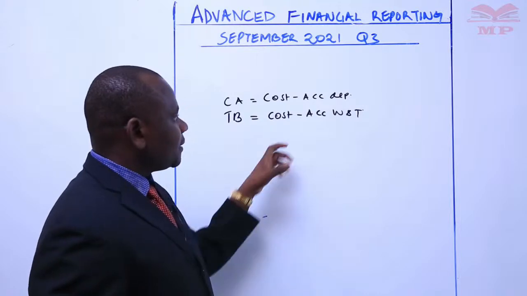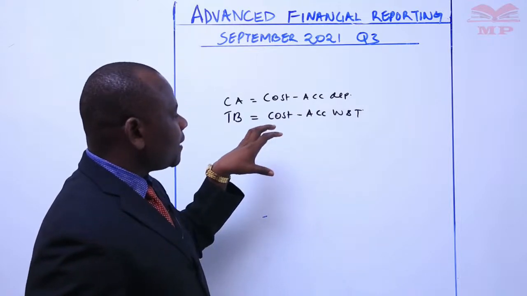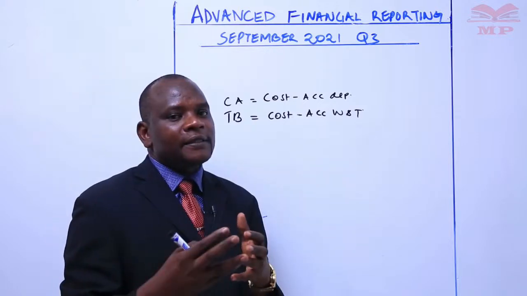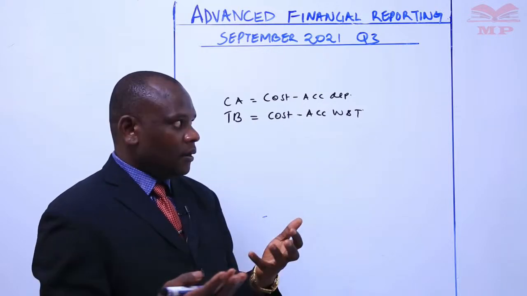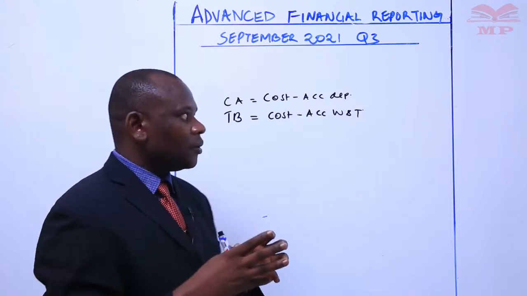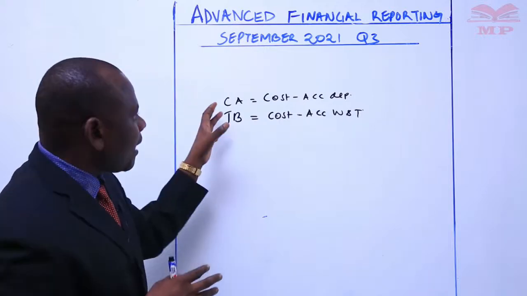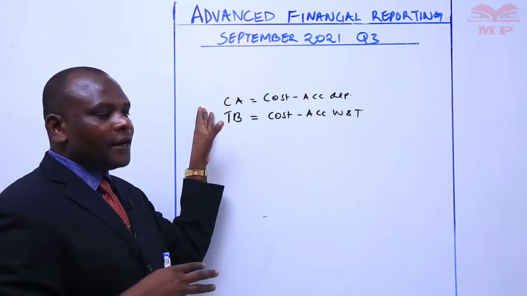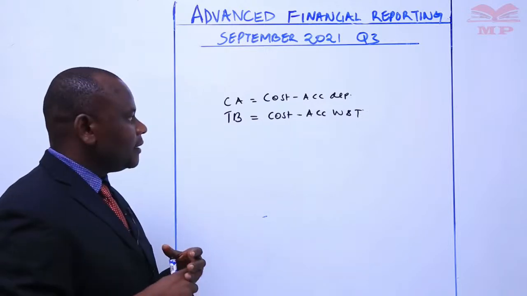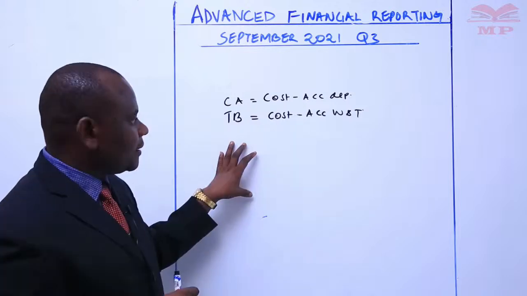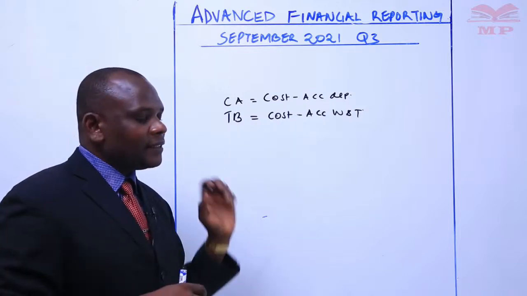So as a result of the treatment of transactions for accounting purposes and for tax purposes, there is that probability of an accountant either overstating or understating assets or liabilities, or the taxman understating or overstating the assets or liabilities.